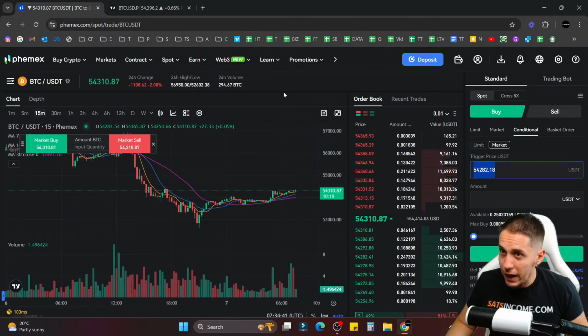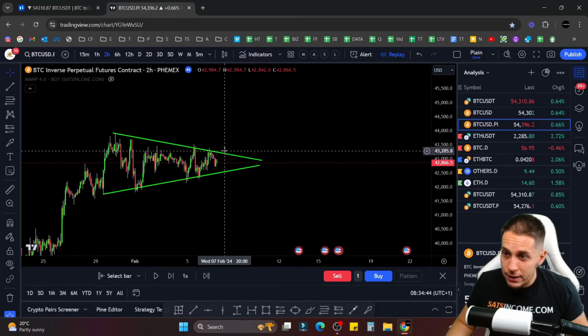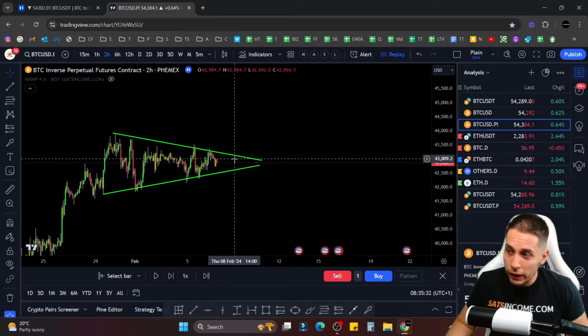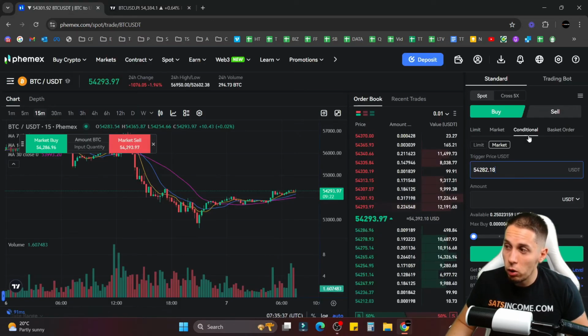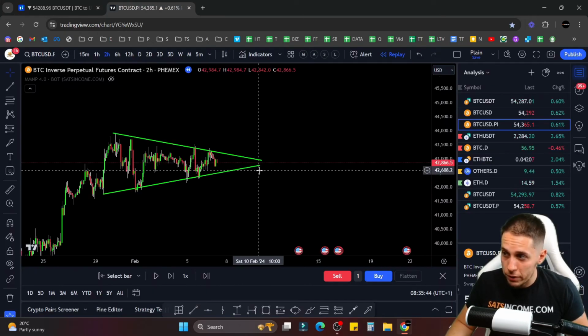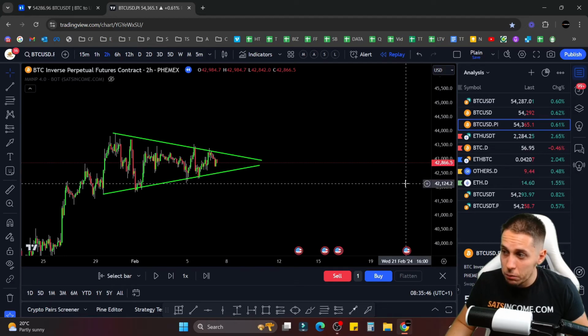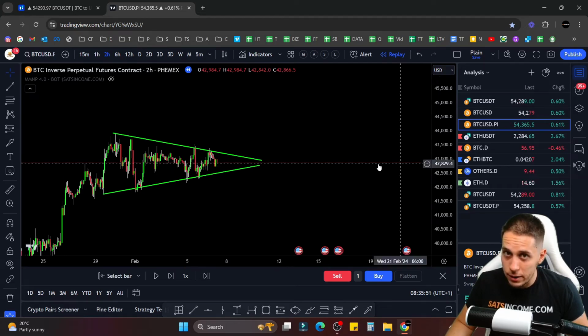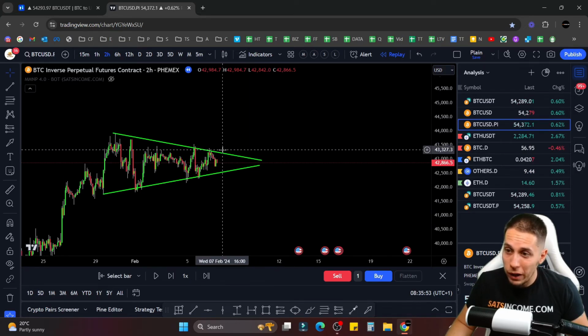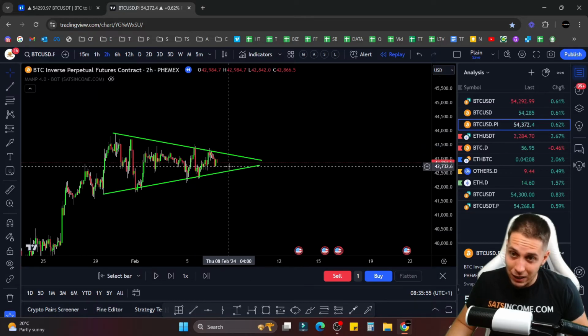You will type here as a trigger price, a price slightly above the top of the triangle right here. If you are looking at this in real time, that's how you are going to place an order using this conditional order option on the Phemex exchange, right? So at the time the current price was $42,866 and you are going to have to place an order at a higher than the current price, right?